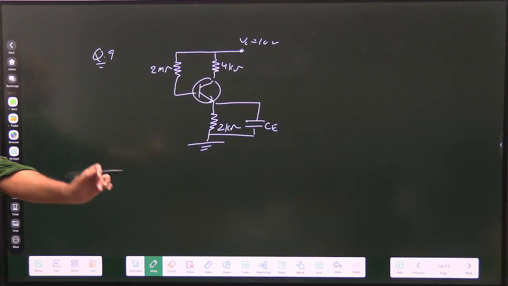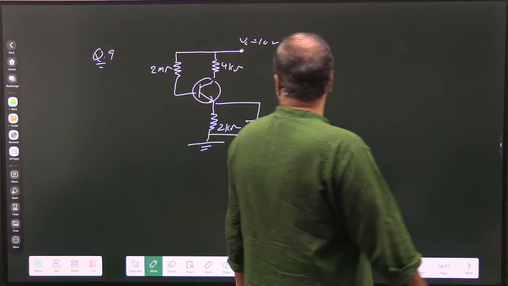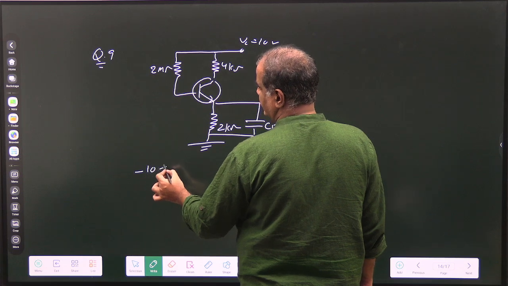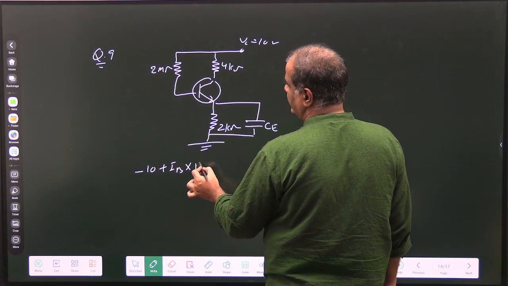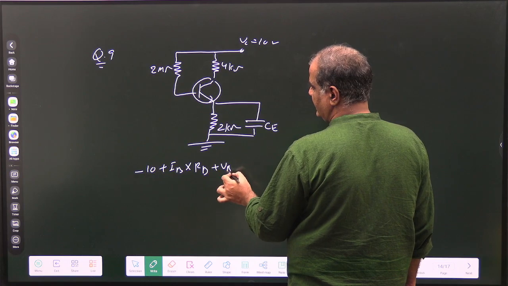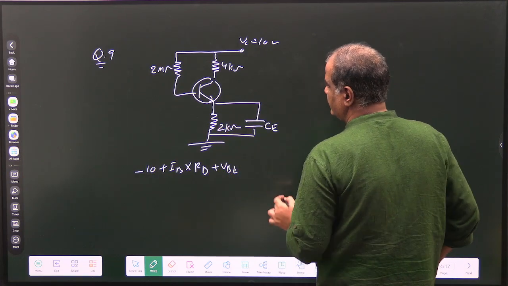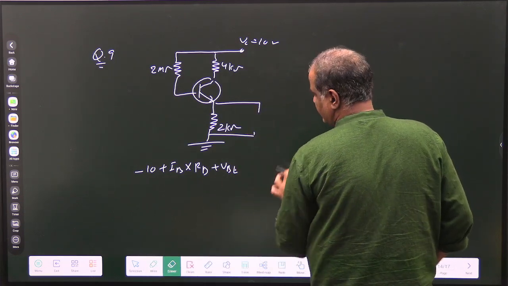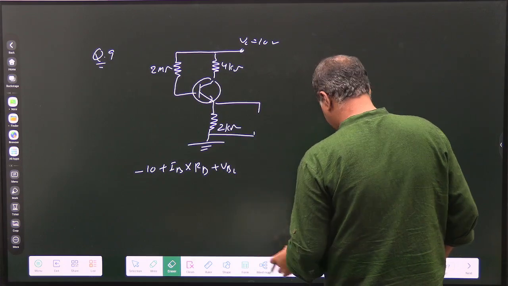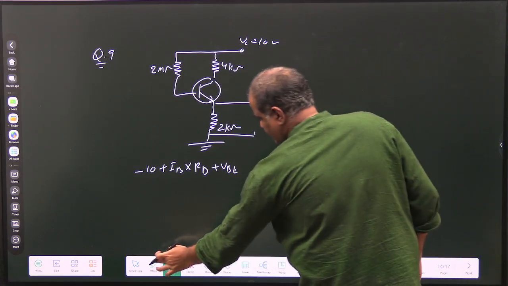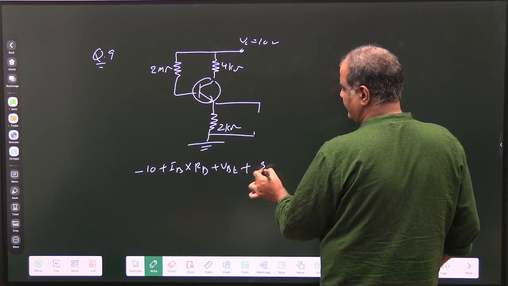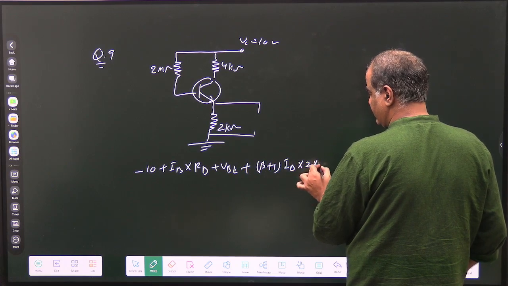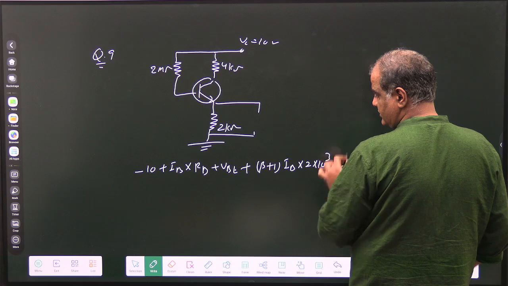It's a simple question. So here minus 10 plus IB RB plus VB. Then for DC, the capacitor will be open. So again beta plus 1 IB into 2 kilo ohm equals 0.